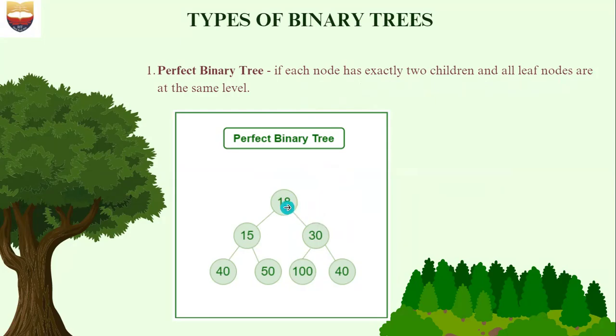If you take 18, it has two children, 15 and 30. If you take 15, it has two children to it, 40 and 50. If you take 30, it also has two children, 100 and 40. And all the other nodes, that is 40, 50, 100 and 40, are at the same level. Therefore, they are said to be the leaf nodes.